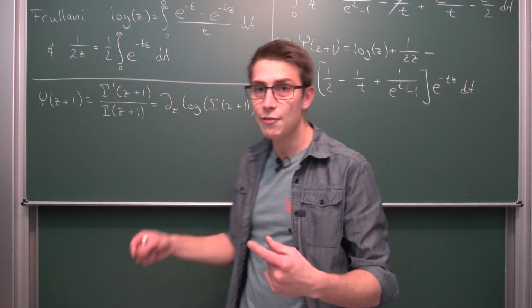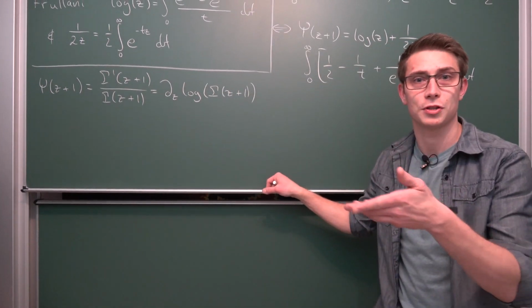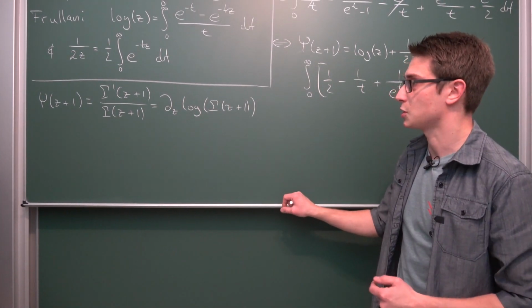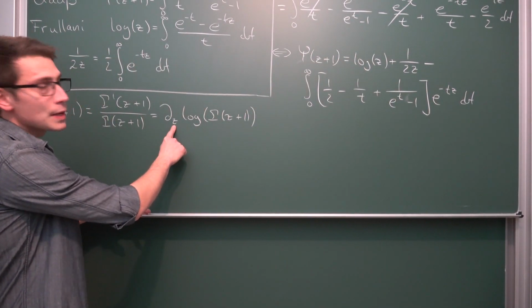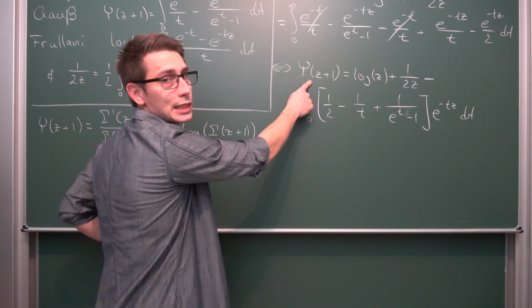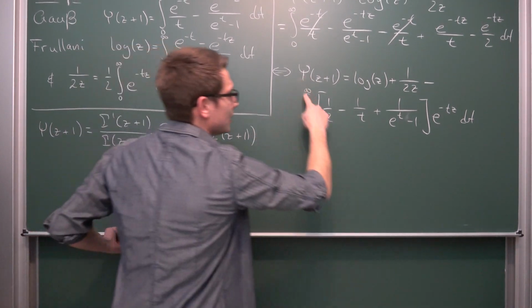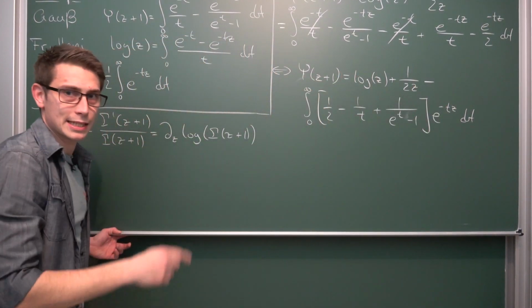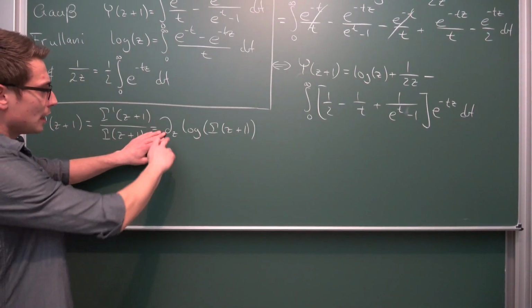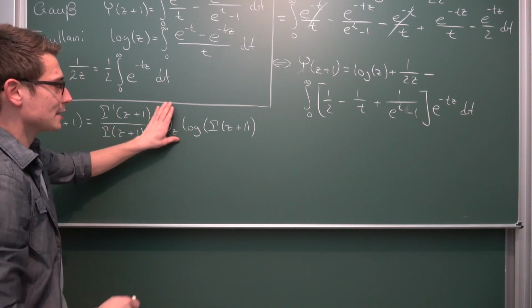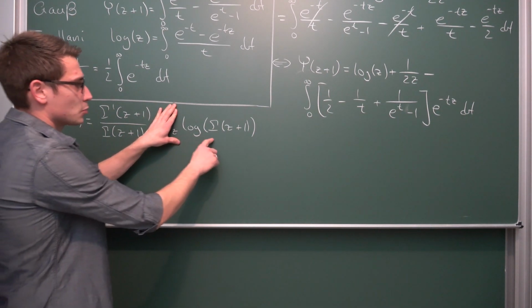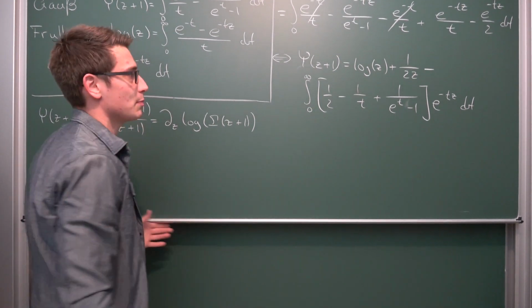Meaning, you guys probably guessed it, we are going to integrate this expression with respect to z. If we integrate this whole expression with respect to z, then our derivative operator and our integral operator are basically going to cancel out, giving us an expression for log of gamma of z plus 1.